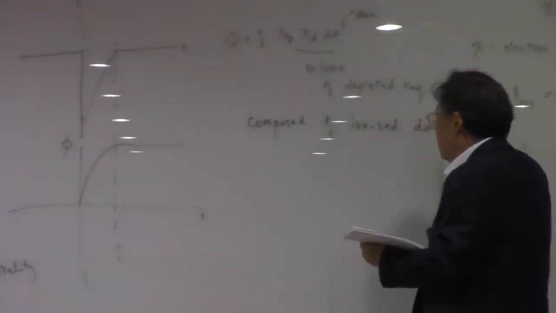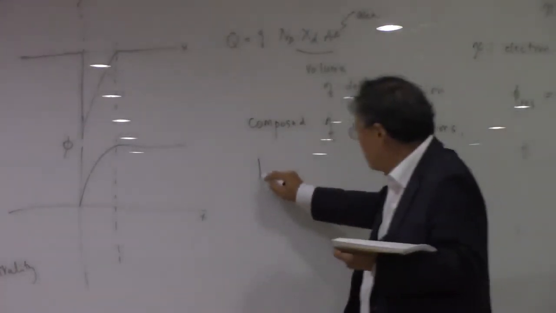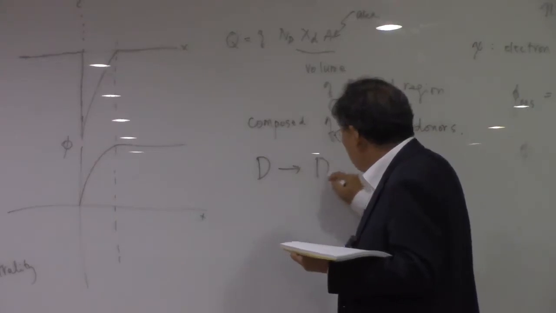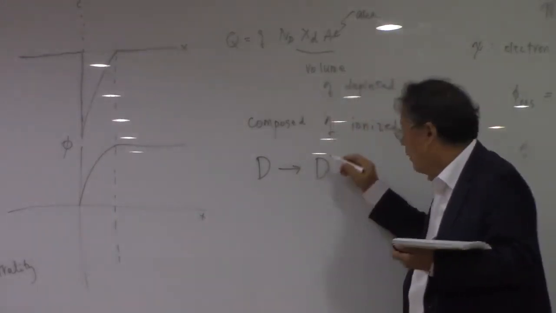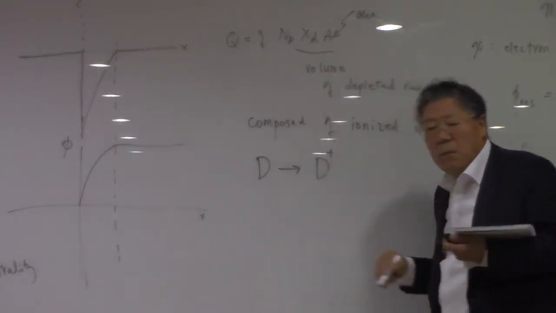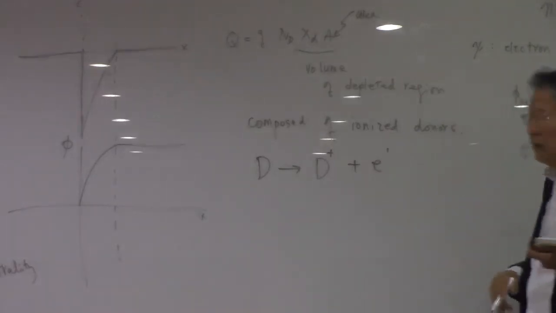Okay. So if it is N-type, then when the donor is ionized, you give out one electron, and the donor itself becomes a positively charged ion, giving one electron out.